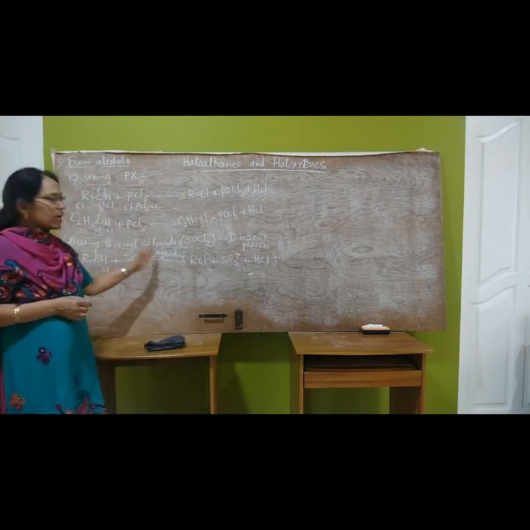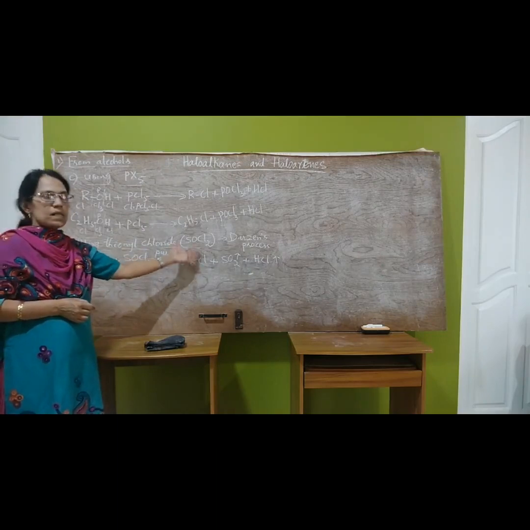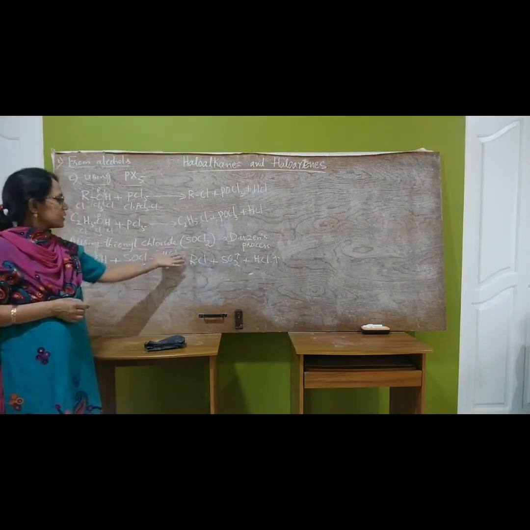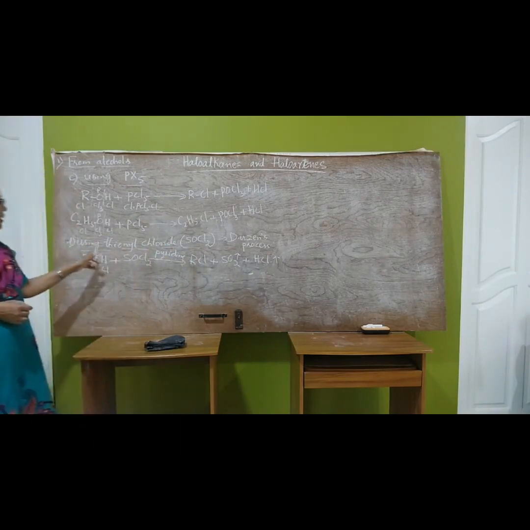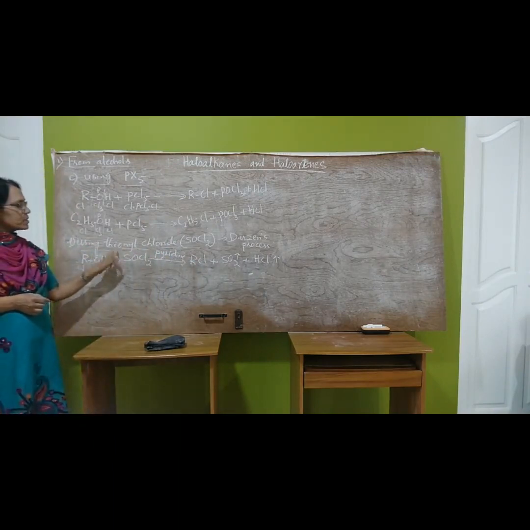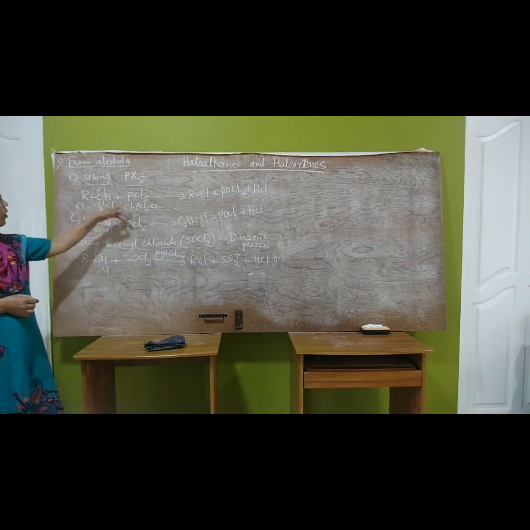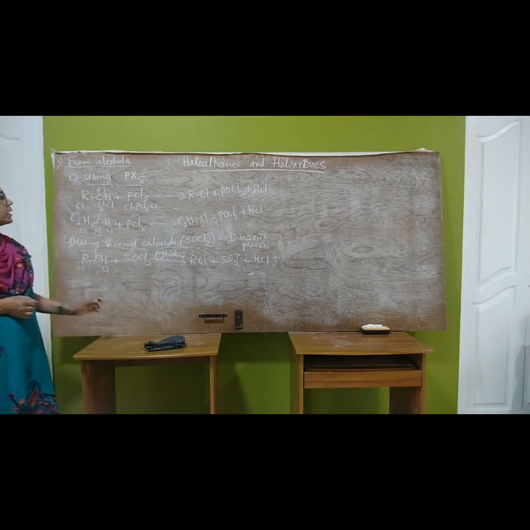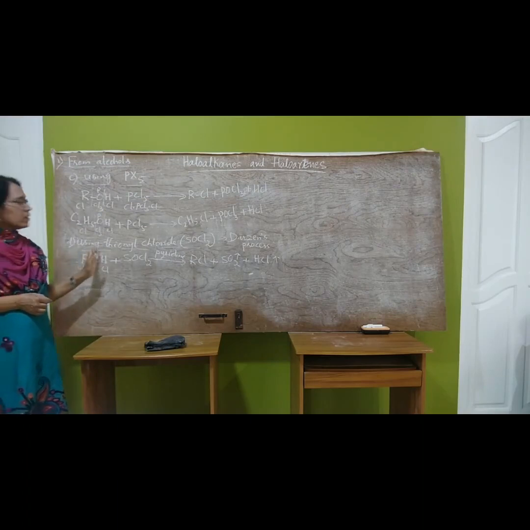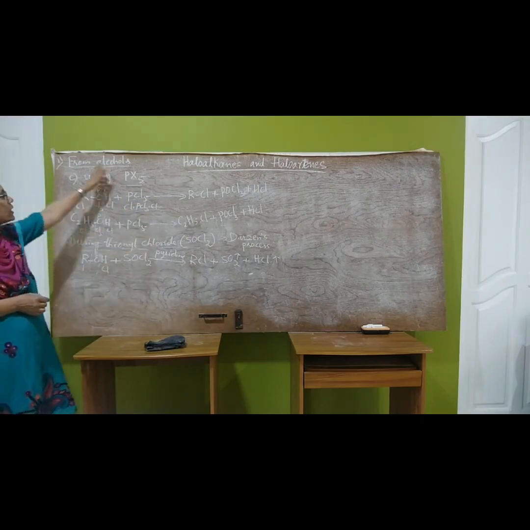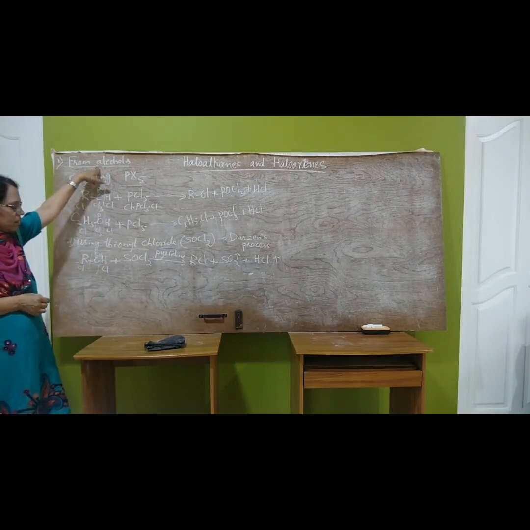Therefore, the yield of the product is large and the rate of reaction is faster. Therefore, this is the more preferred process for the preparation of haloalkanes. So, these are the 4 methods for the preparation of haloalkanes from alcohols.